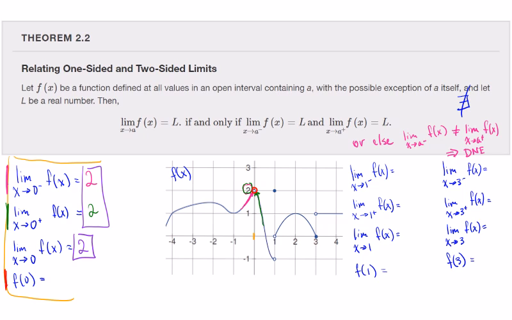If I scan along this x equals 0 line, there's no closed dot, no point at that location. And so this would actually be undefined. So the limit exists, but the function itself is actually undefined at that point.